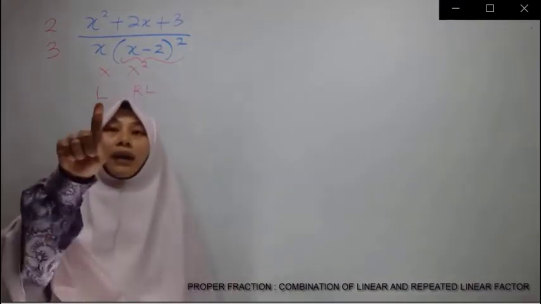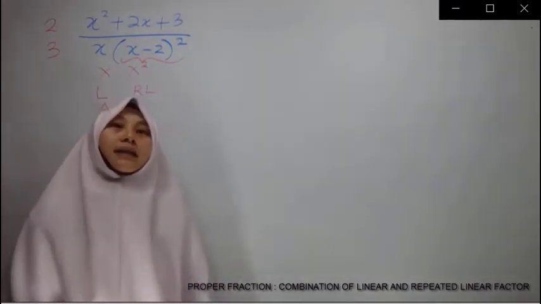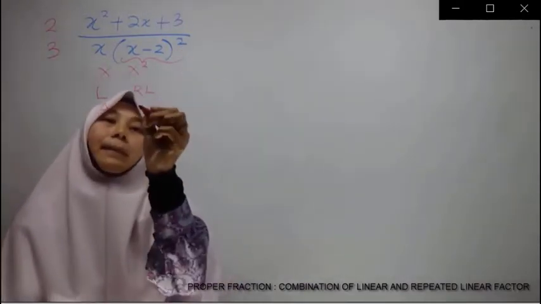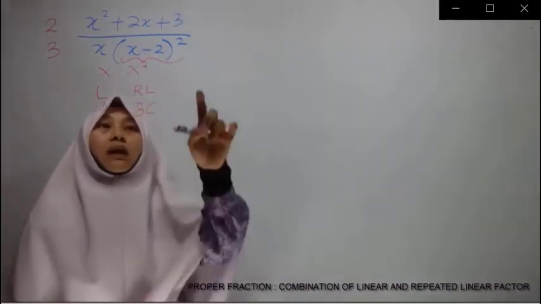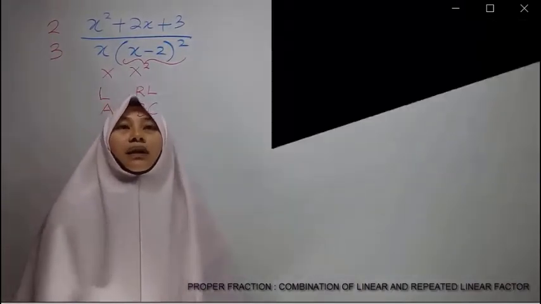Now, for the linear here, we write down A. Then, since we have a square here, we need to write two letters, B and C. The concept is if we have power of 3, we need to write 3 letters and so on.